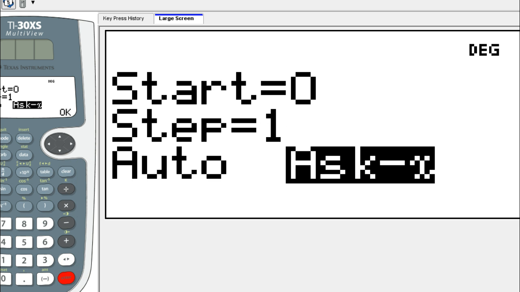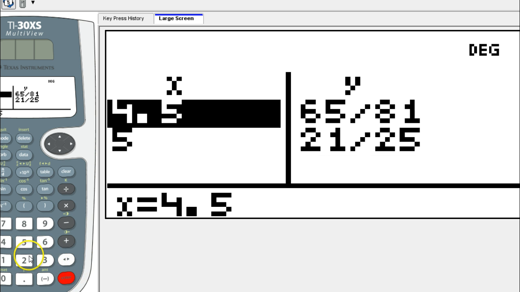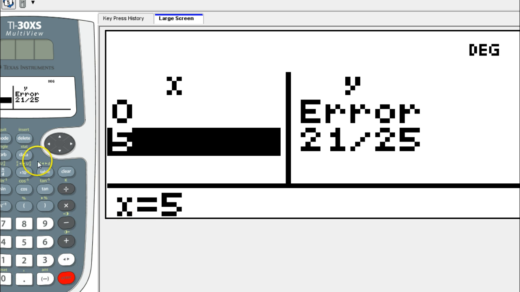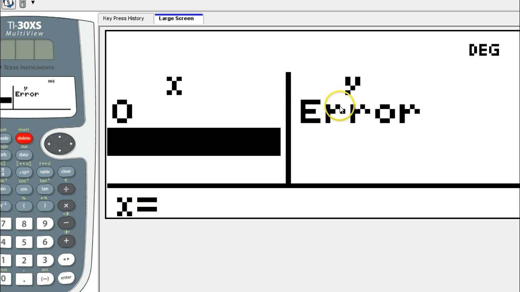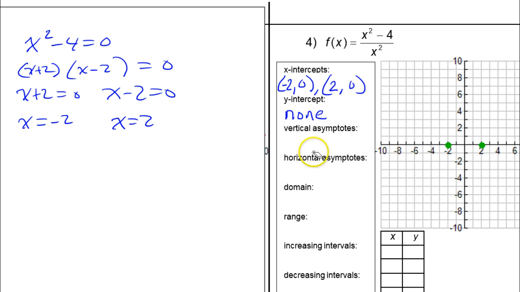Okay, I'm going to leave it in ask mode, ask x. So if I substitute 0 in, notice I get an error. That's because we're dividing by 0, and that's not okay. So that usually means there's an asymptote. So speaking of asymptotes, let's go ahead and talk about that now.